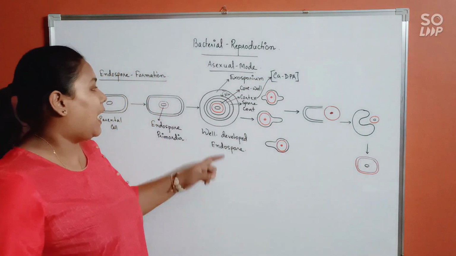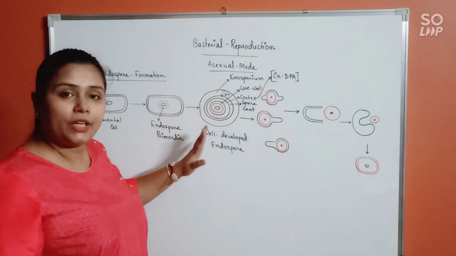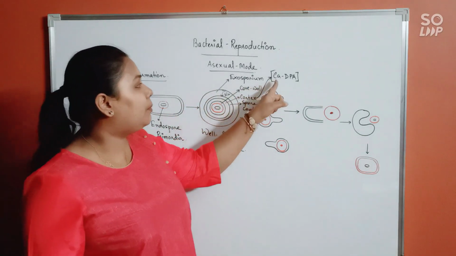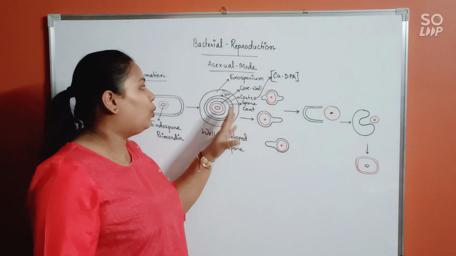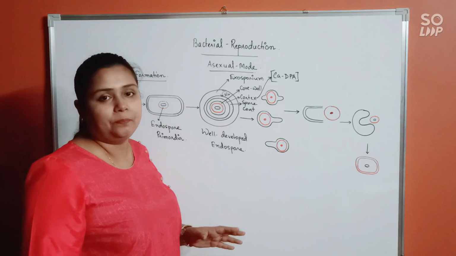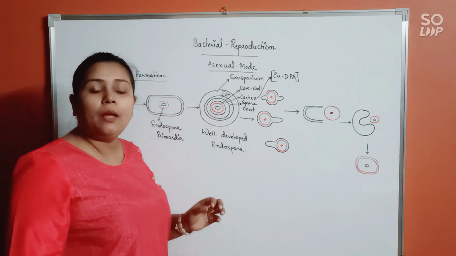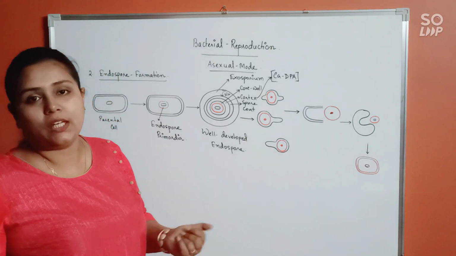So we first have a core wall, then we have a cortex made up of peptidoglycan and calcium dipicolinic acid complex, then we have spore coat and finally exosporium. The dehydration in the cytoplasm makes the exosporium very light so that it can easily float in air.